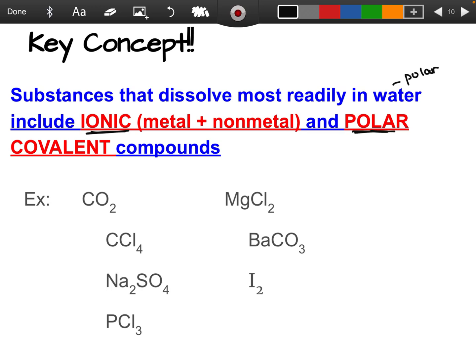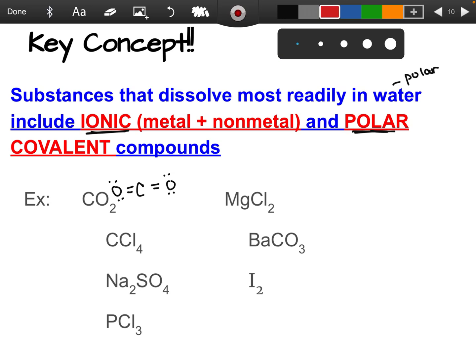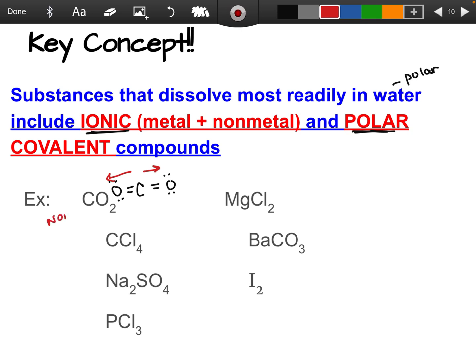So if we look at the list on the bottom, so CO2, I'll draw these out so you can see the picture. So CO2, if you think of this molecule playing tug of war, those molecules, or the poles, are going to cancel each other out, so that is going to be nonpolar.